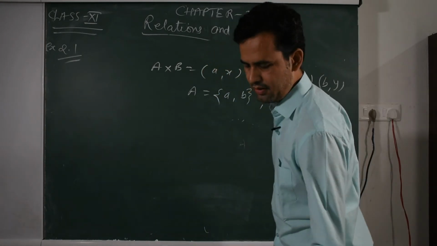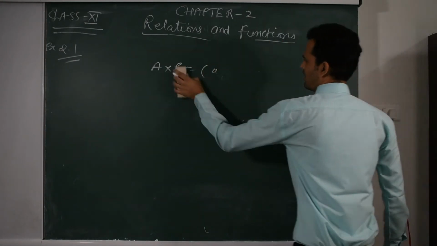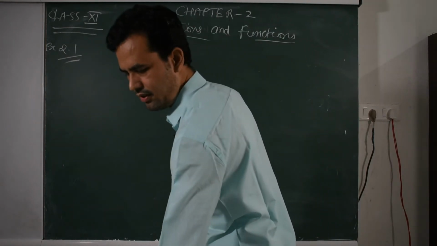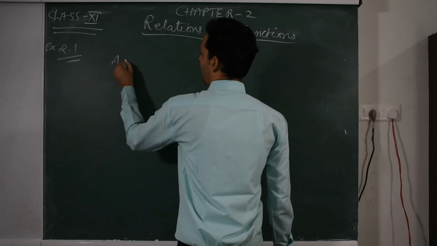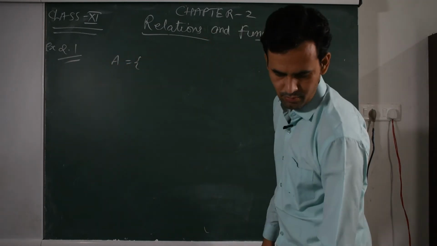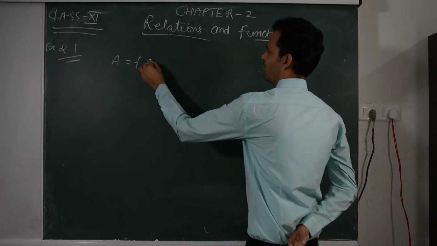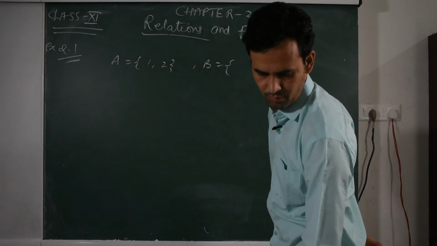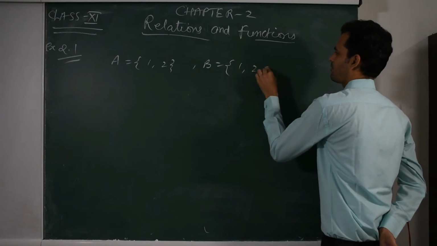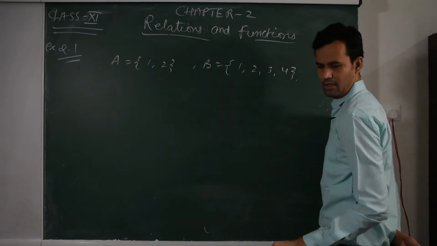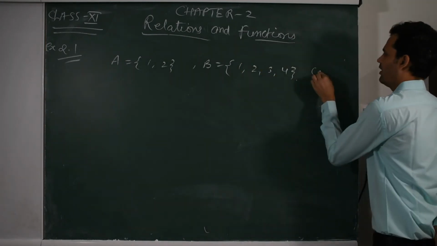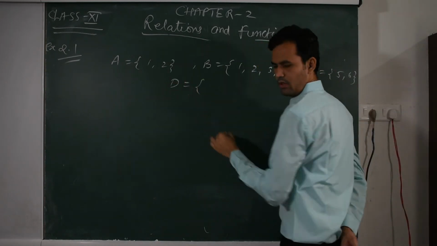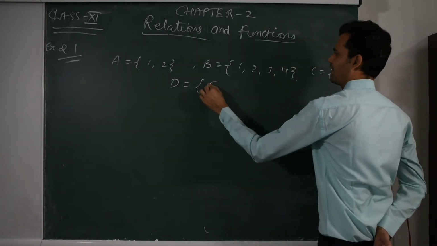Now question number 7, there are 4 sets given, A, B, C and D. A equals {1, 2}, B equals {1, 2, 3, 4}, C equals {5, 6}, and set D equals {5, 6, 7, 8}.